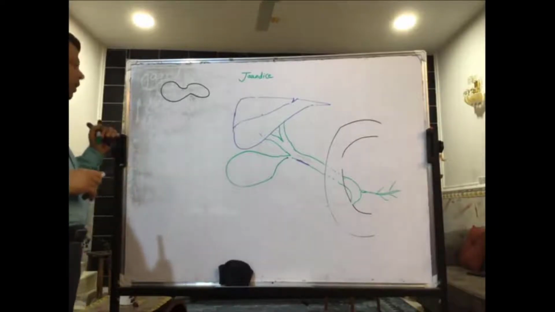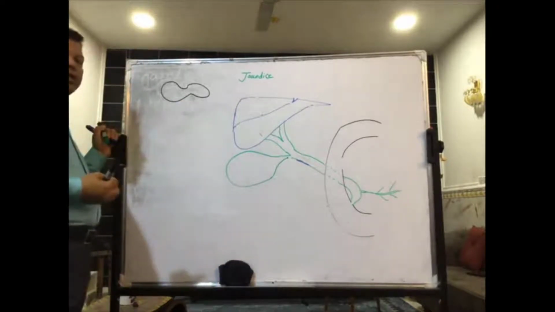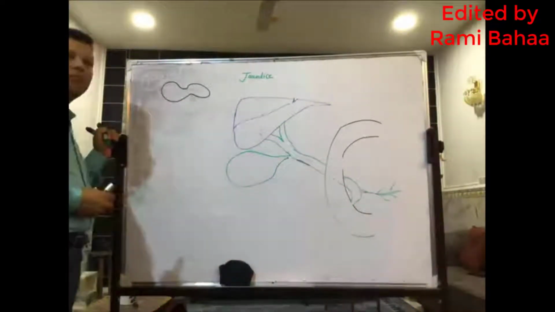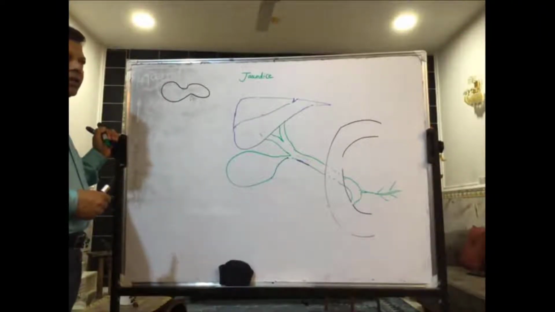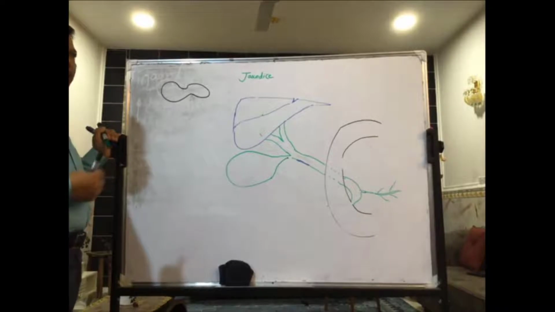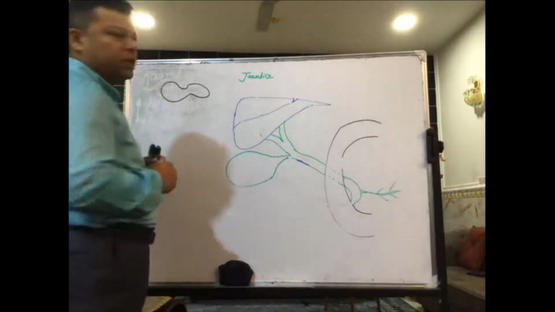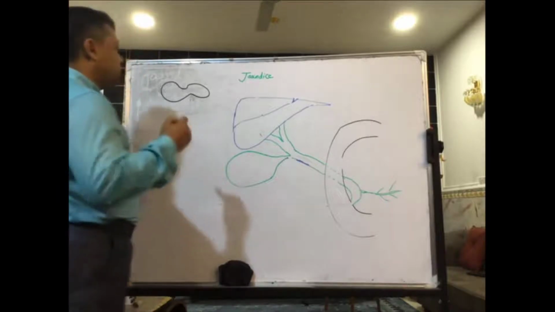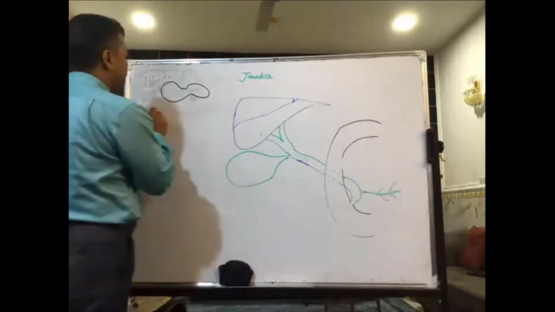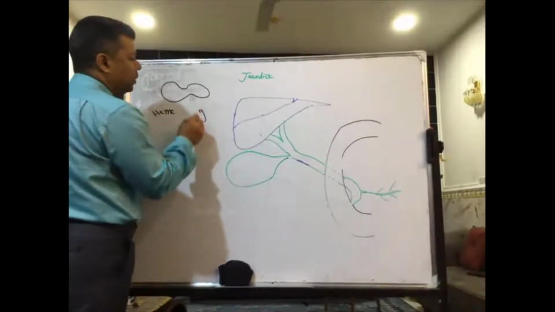At the end of its life, it is phagocytized and lysed by the phagocytes of the reticuloendothelial system, namely the spleen, which splits the RBC into two components, heme and globin.